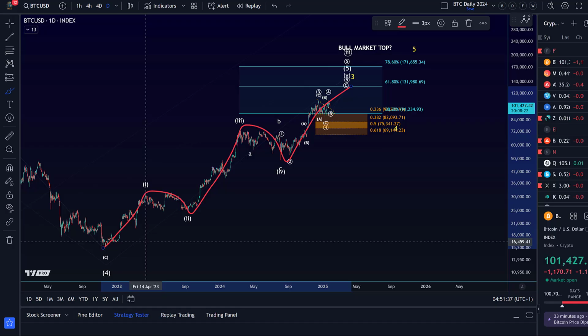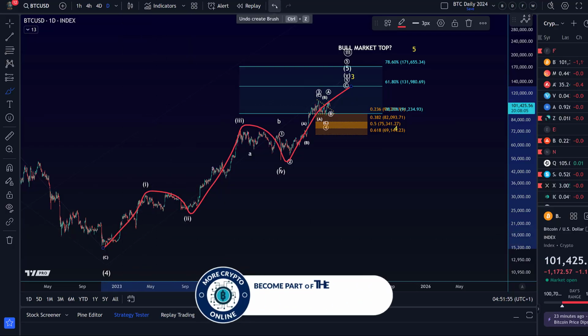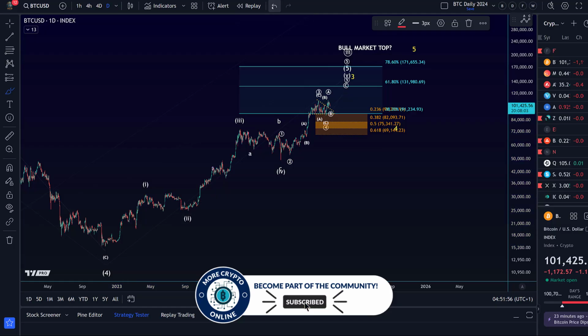For this rally that started in 2022, we have fulfilled minimum requirements. I would not be surprised if a larger correction unfolds from here, but it's not expected yet, because when we zoom in, we can see that the price ideally pushes a little bit higher.